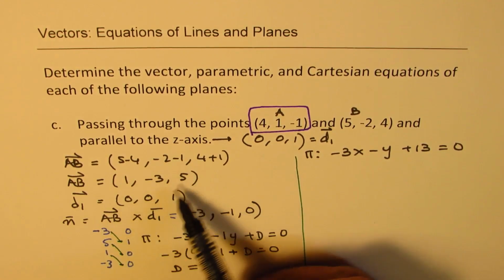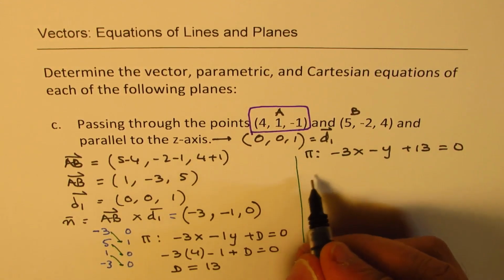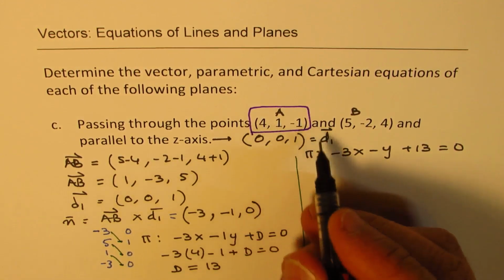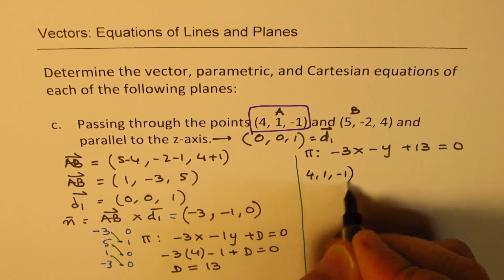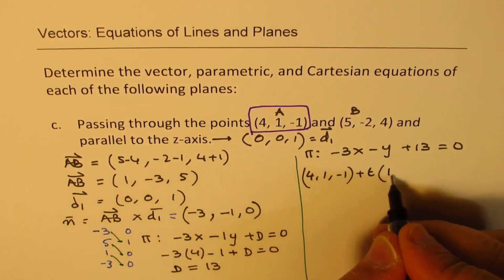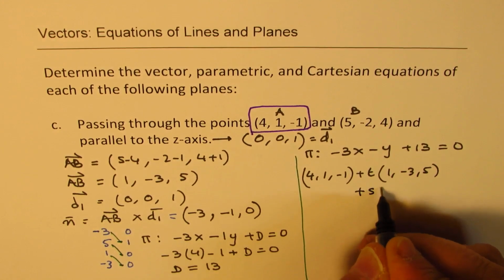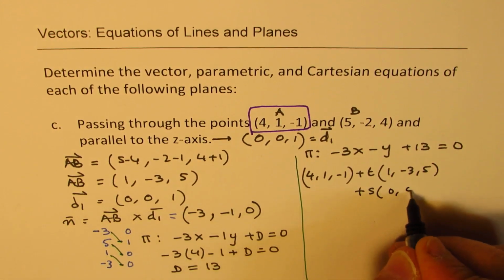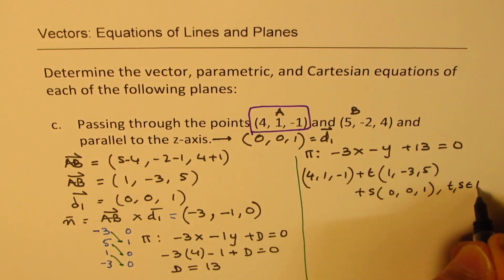Now, since we have two directions, it is a very simple thing. We'll just finish it off. Writing the vector equation, use this point or that point. So let's say (4, 1, -1) plus t times one of these direction vectors, (1, -3, 5), plus s times the other one, which is (0, 0, 1), where t and s belong to the real numbers.